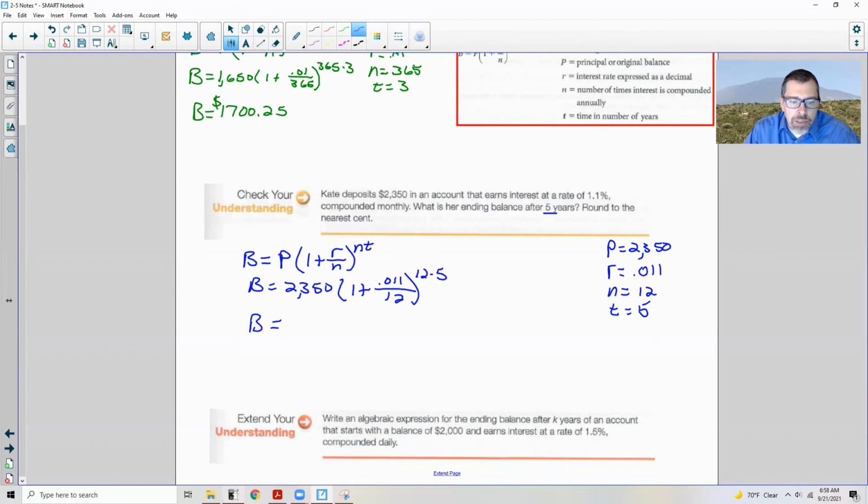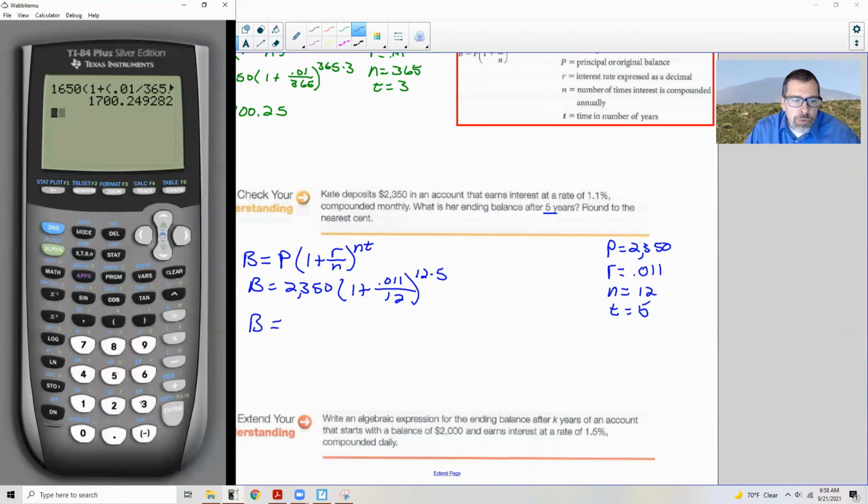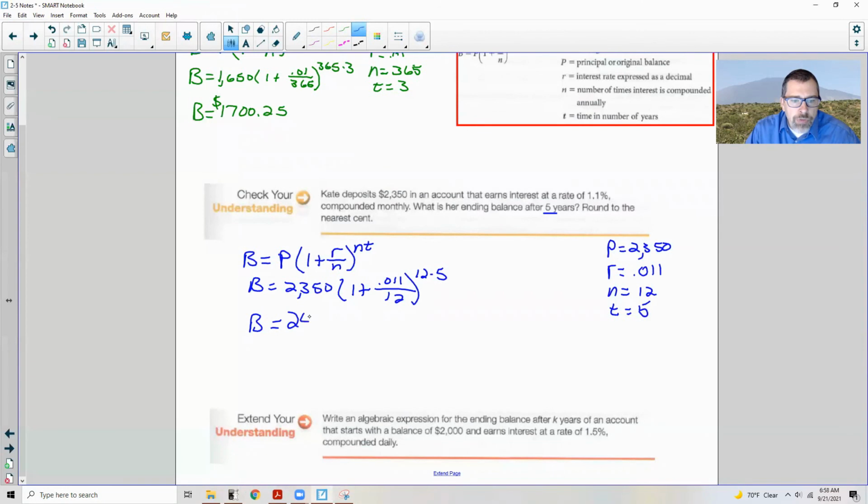So B is going to equal, get my calculator, clear it, 2350 parentheses 1 plus another parentheses 0.011 divide 12, close parentheses twice, to the power of 60, 12 times 5, and hit enter, and I get 2482.81, rounding to the nearest penny.